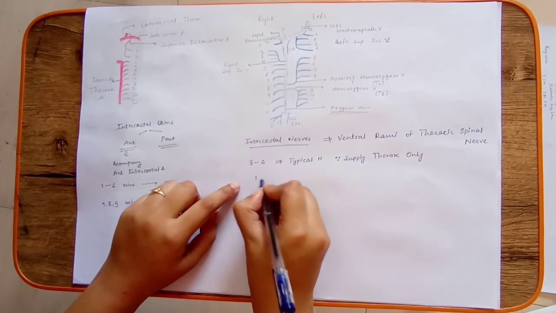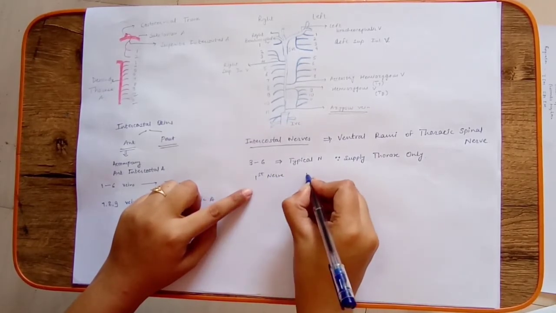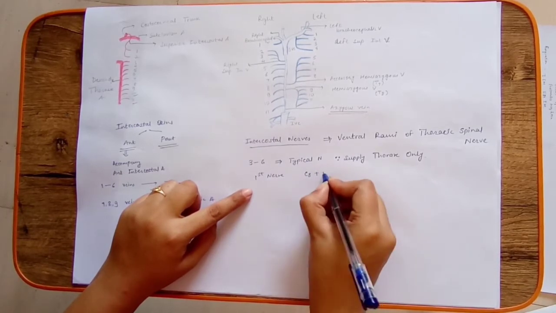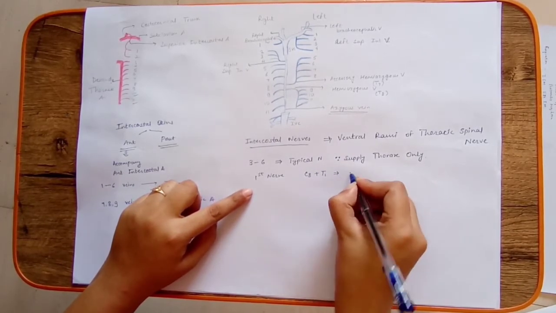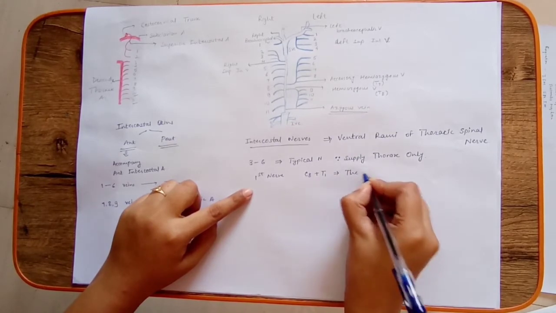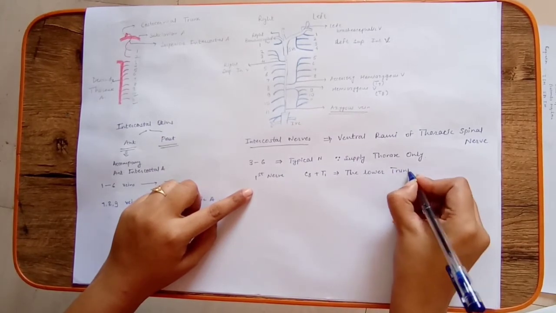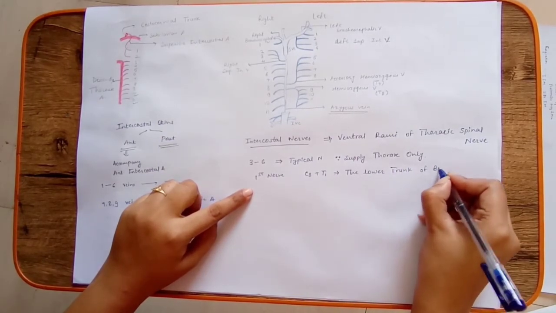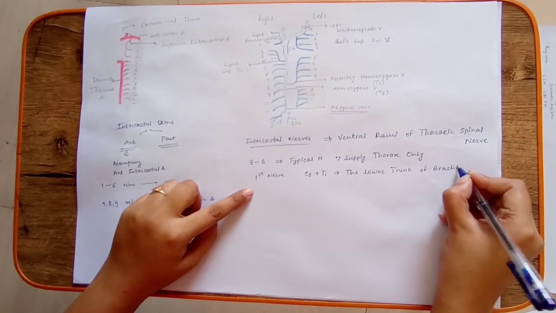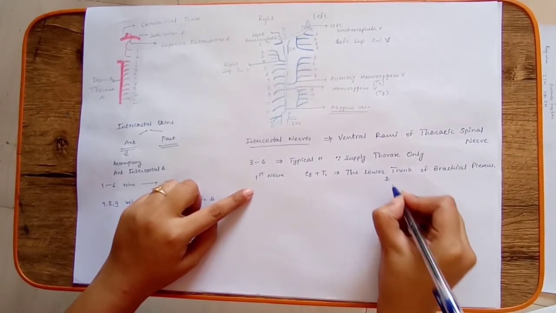The first nerve, we know, C8 plus T1, forms the lower trunk of the brachial plexus, which supplies the upper limb.